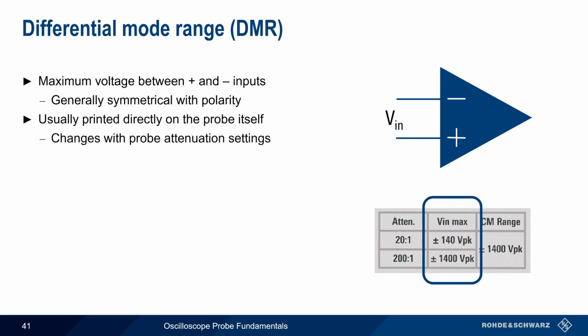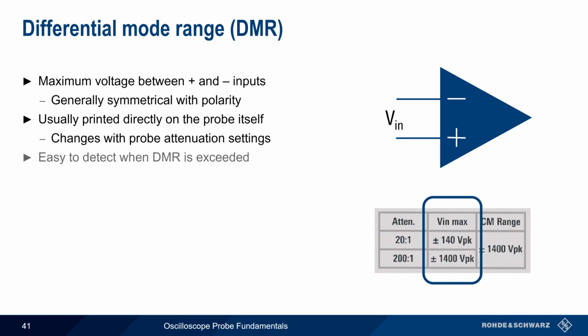Note that this value also depends on the probe's attenuation settings. Here, if the differential probe attenuation is set to 20, DMR is only 140 volts. But DMR increases to 1400 volts when attenuation is increased to 200.